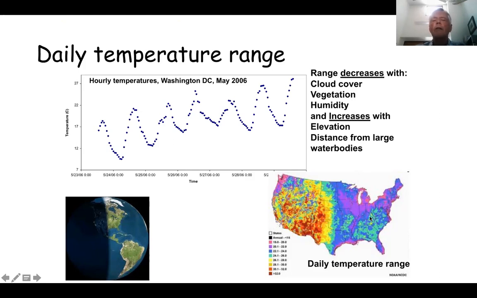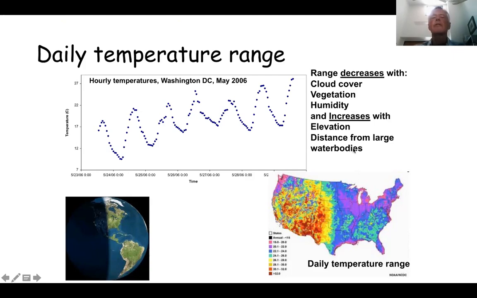It's a lot wetter in the East than it is in the West. It varies with vegetation, in large part because vegetation absorbs heat and produces water. And it varies with increased humidity. And it increases with elevation and with the distance from large bodies of water.